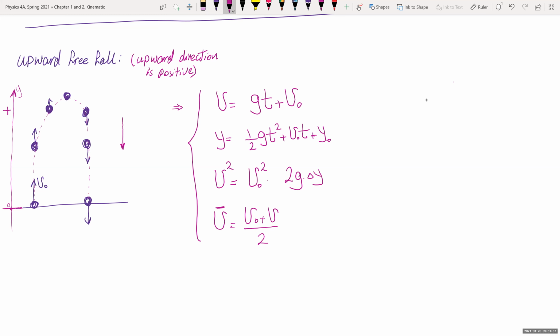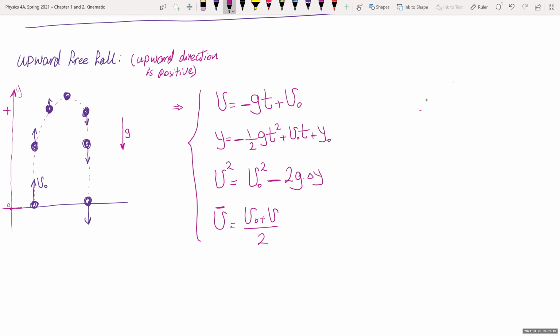Now, when it is upward, pay attention, anything up is positive, downward is negative. So g is in the opposite direction of positive, so g will be negative. Look at this, put negative here. g is negative, that's all. g is in the opposite direction of the main direction, so for g you will put negative.